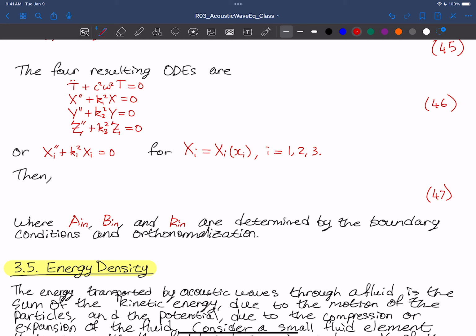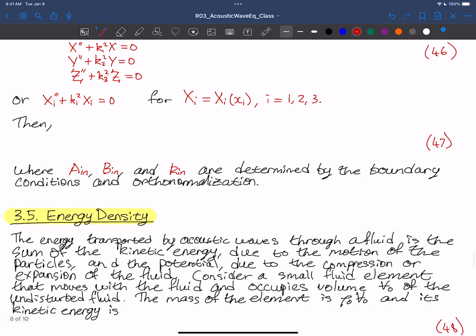So now we have a set of 4 second order ODEs that we can solve similarly to what we did with the elastic wave equation.